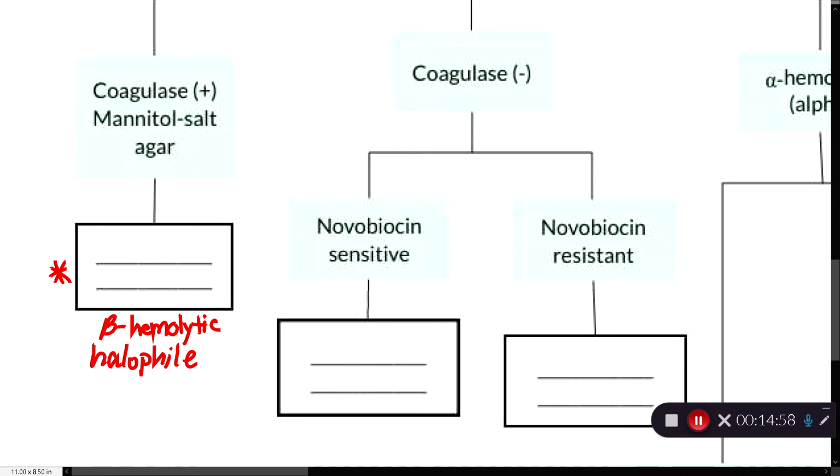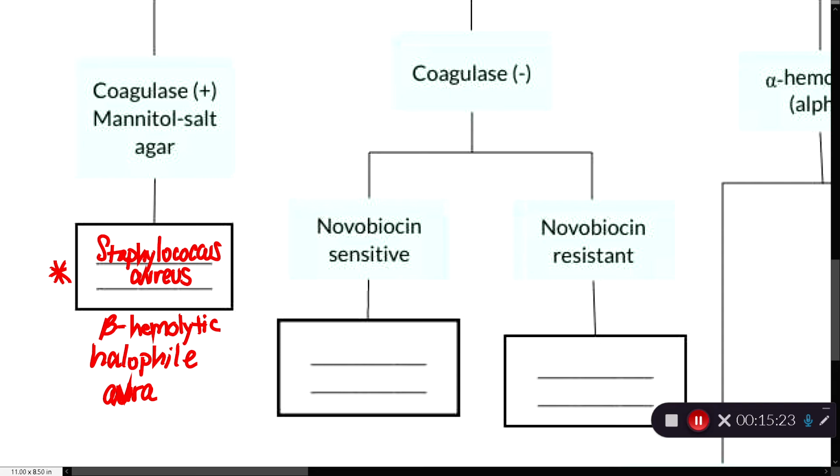yellow. And the yellow is what gives it away. This is going to be Staph aureus. Okay, because this aureus, A-U-R-E-U-S, means gold. So that aureus means like yellowish gold.